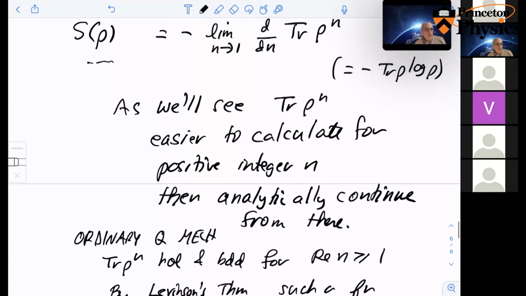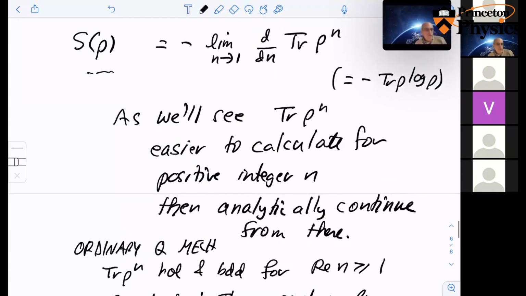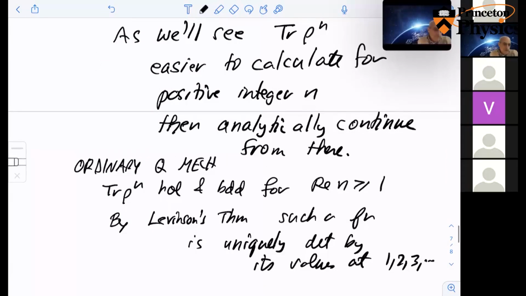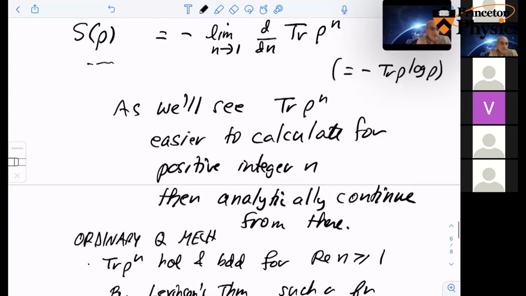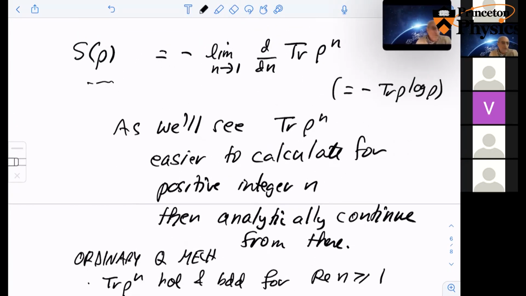In quantum field theory, first of all, it's not really rigorous because we'll see that the notion of the density matrix really has some limitations in ordinary quantum field theory, so that we're not really in the setup where you could make this argument rigorously. On the other hand, computing at integer values is much easier than computing at non-integer values.